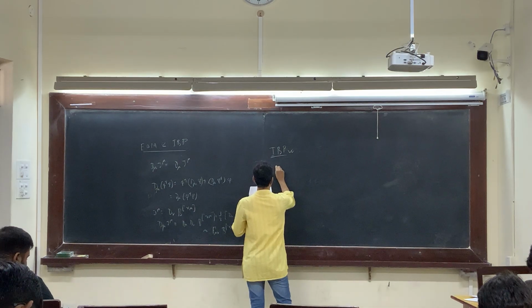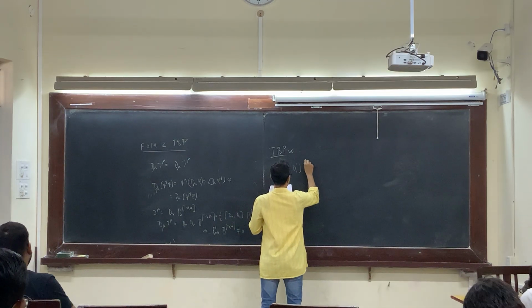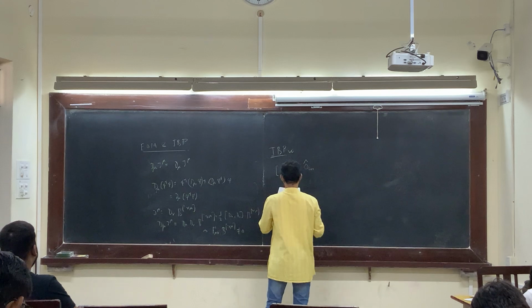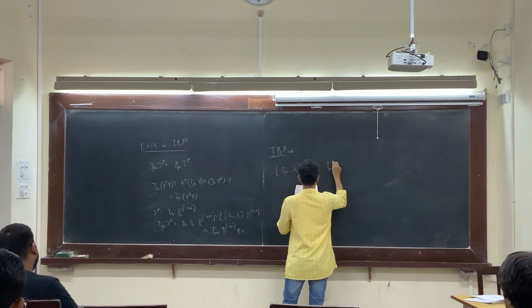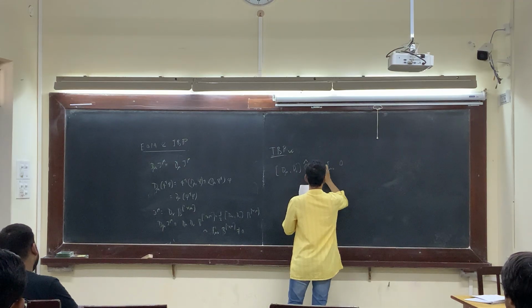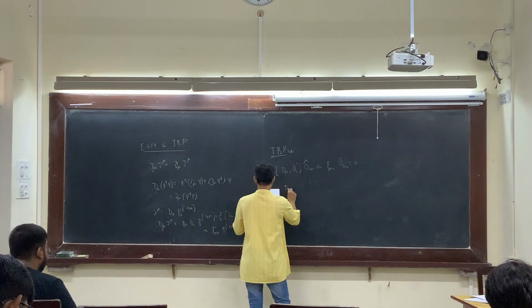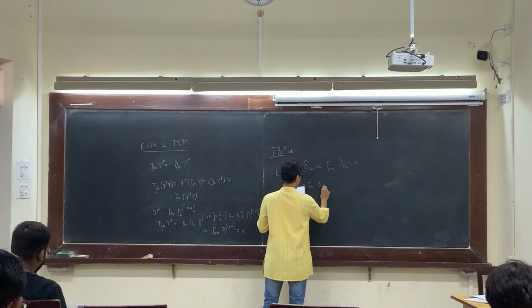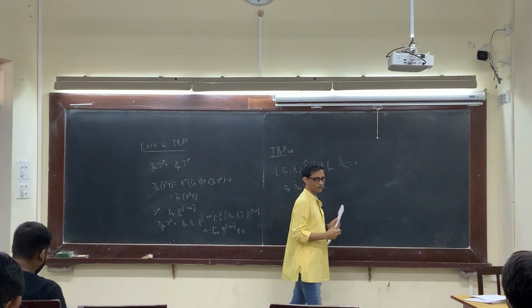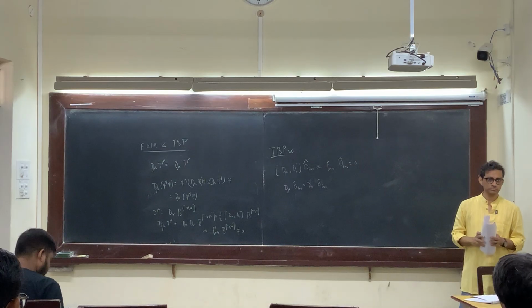So for the invariant operator, let me call it that. Any number of derivatives acting on that will basically be zero.